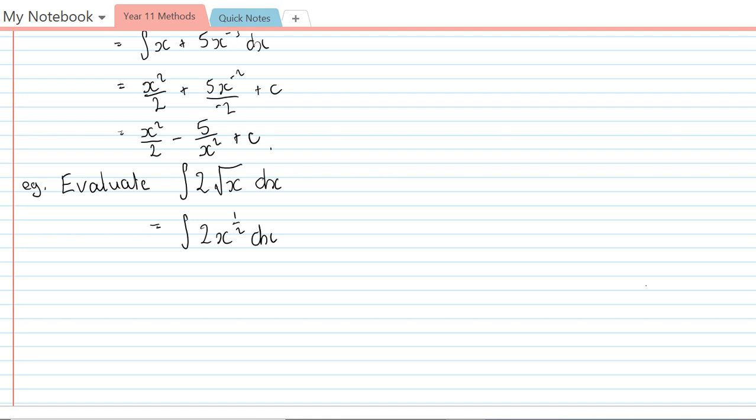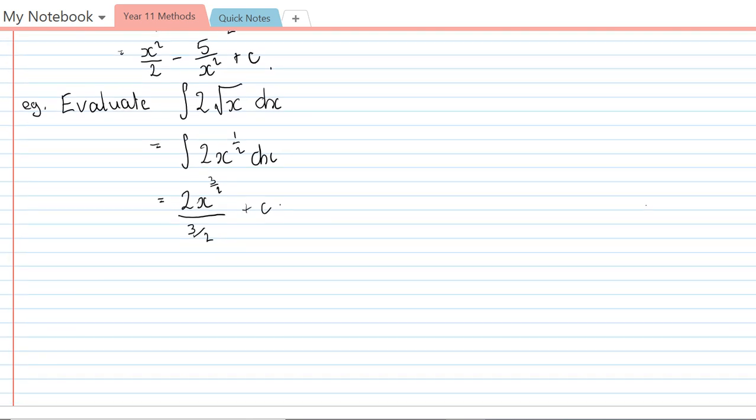So I've just changed the form of it, and now I can anti-differentiate. So that's equal to 2x to the power of 3 on 2. And that needs to be divided by 3 on 2, which isn't all that nice. And then again, we have a plus c at the end.